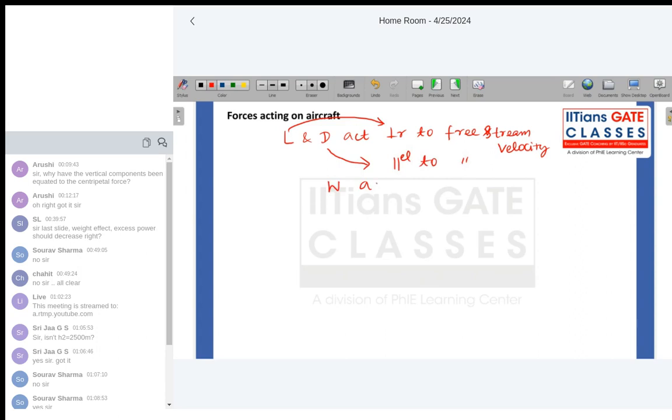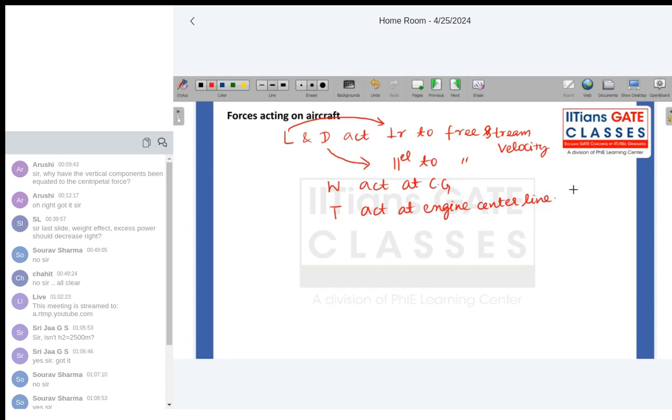Weight acts at the CG, the center of gravity location, and thrust acts at the engine center line. These are the four forces acting on the airplane.